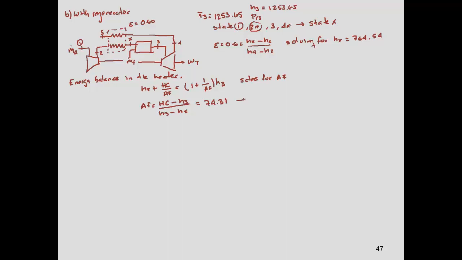So this is 74.31, which is 0.01346 kilograms of fuel per kilogram of air. So we notice that we are saving, because in the past we had 0.017, so we're using less fuel. That means that our Q in will go down.